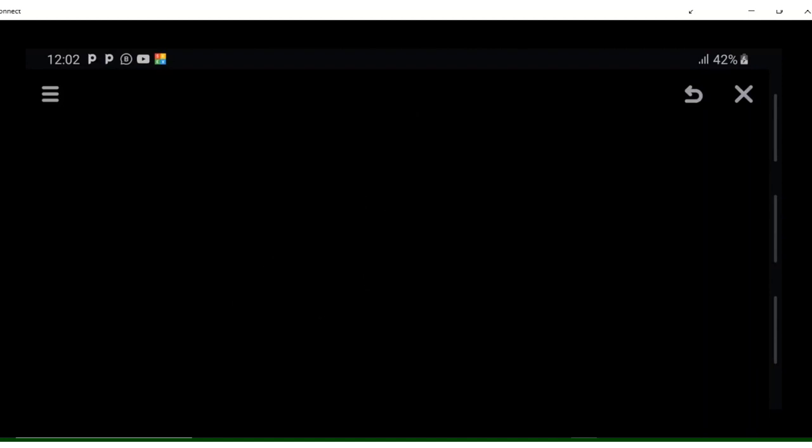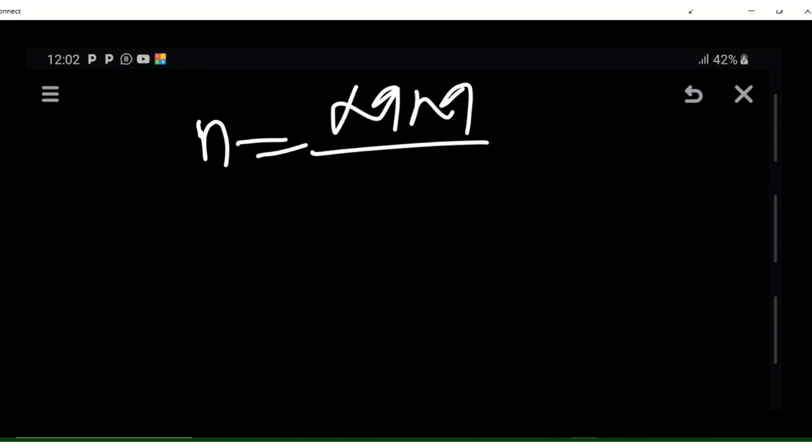So remember the formula for the ratio: N is equal to molar mass over empirical formula mass.